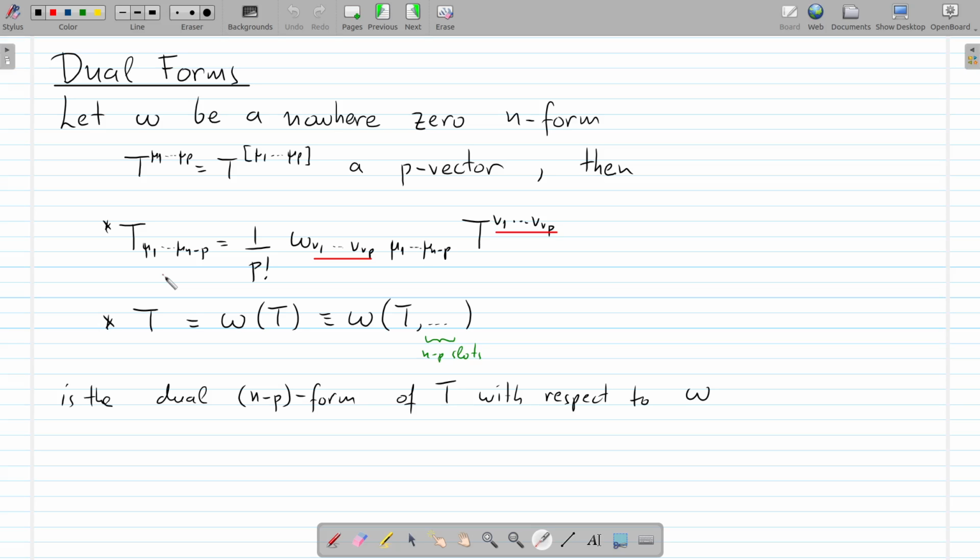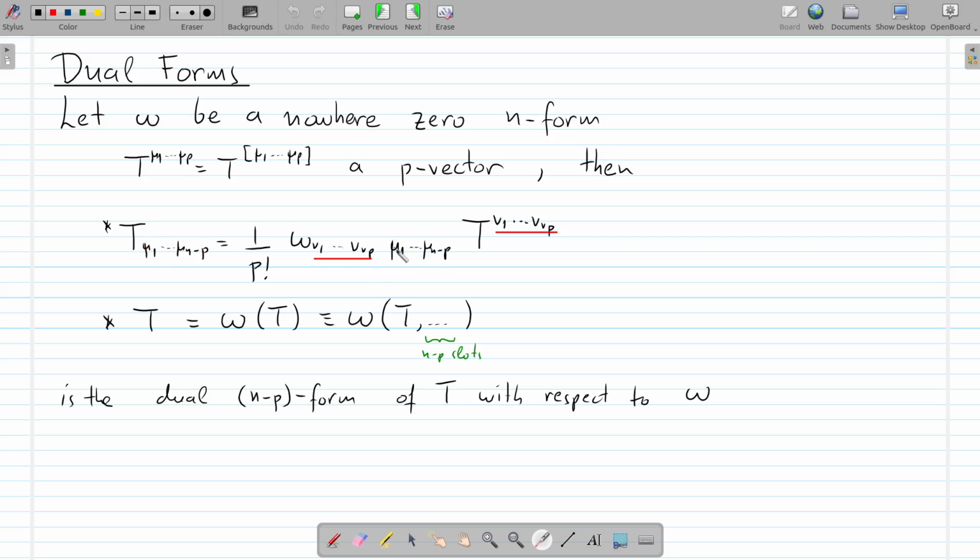So this can be confusing, but when we write down the expressions, the upstairs and downstairs placing of the indices reminds us how to do that the correct way. So actually what we do is we contract the n form with the p vector by contracting the first indices of omega with all the indices of T, and then you see that there are n minus p free indices that will be the indices of the object on the left hand side.